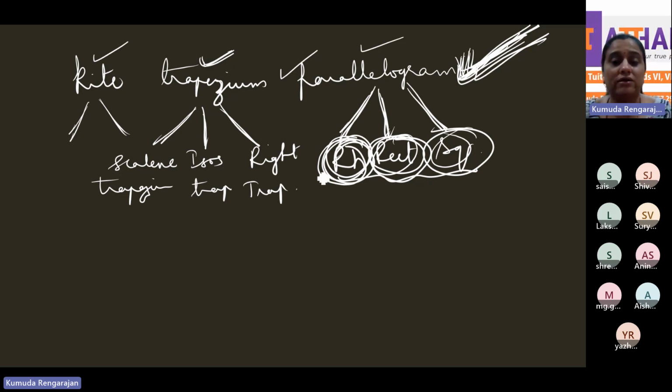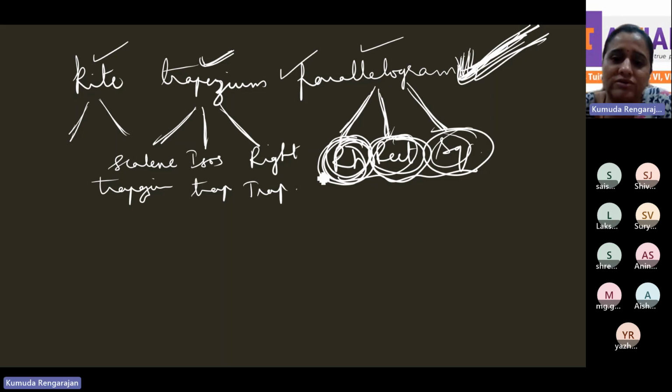The reason is that the definition of a parallelogram is that both the pairs of opposite sides must be parallel. Any quadrilateral satisfying this condition qualifies to be a parallelogram.